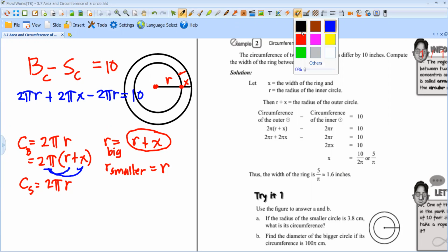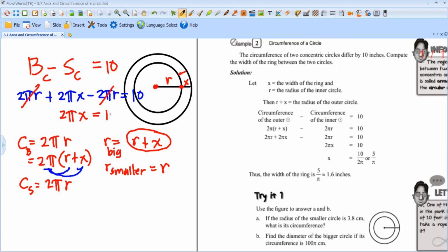And then let's combine like terms now. We cancel these two, and therefore we have 2 pi x is equal to 10. So divide by 2 pi, and we cancel out the 2 pi. So x is equal to 10 divided by 2 pi, which is 5 over pi.